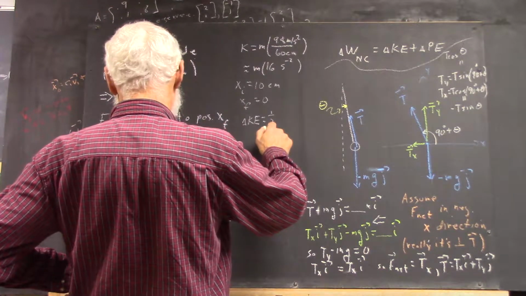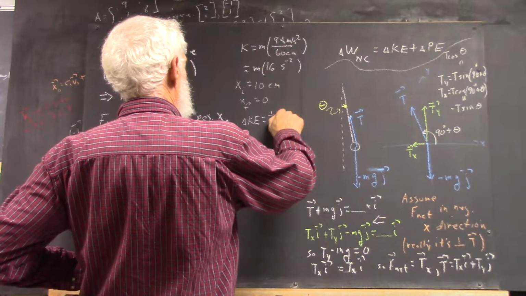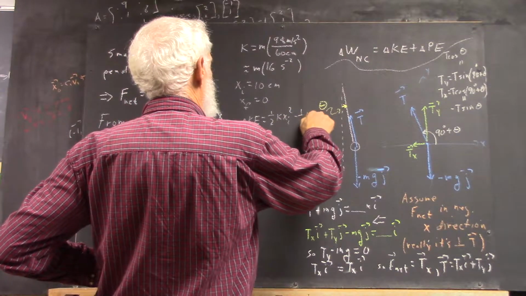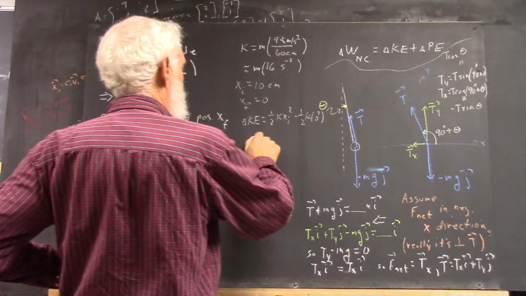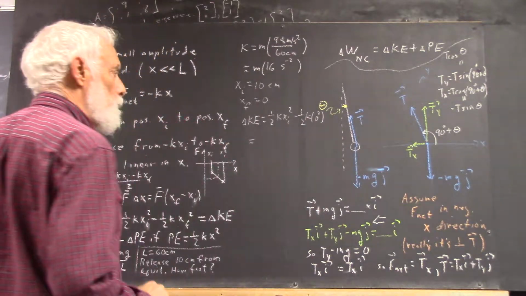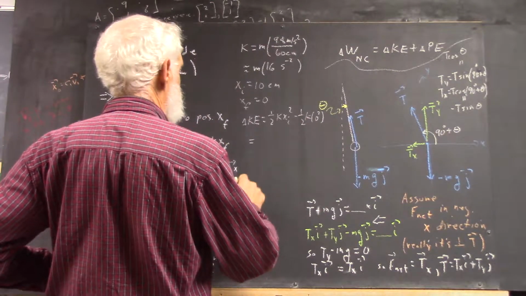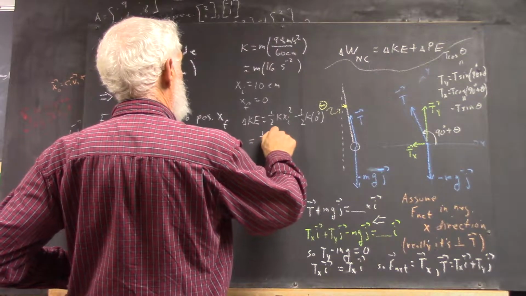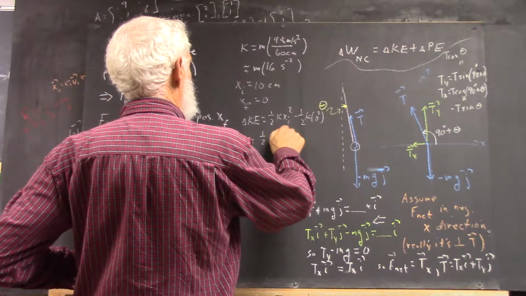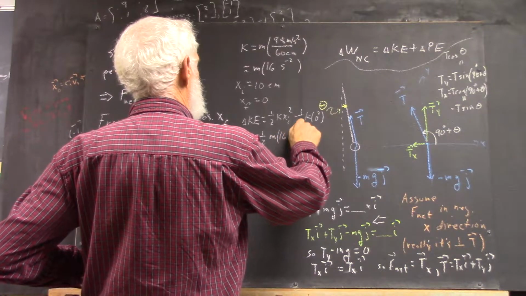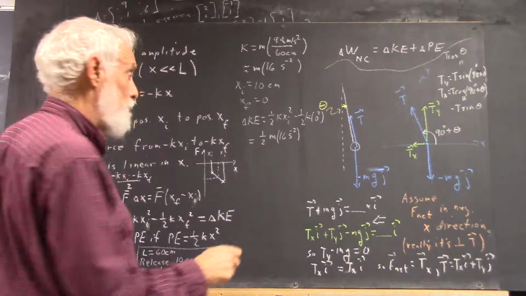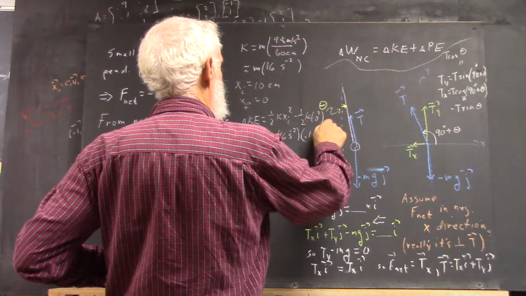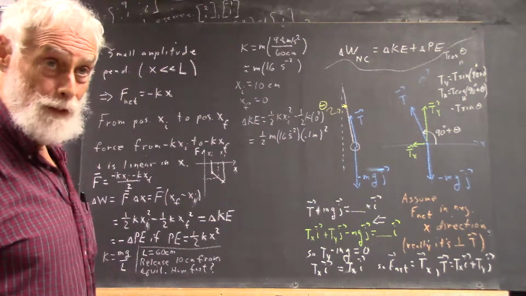So it's 1/2 k xi squared minus 1/2 k times 0 squared, which equals 1/2 m times 16 reciprocal seconds squared times 0.1 meter squared. Okay?